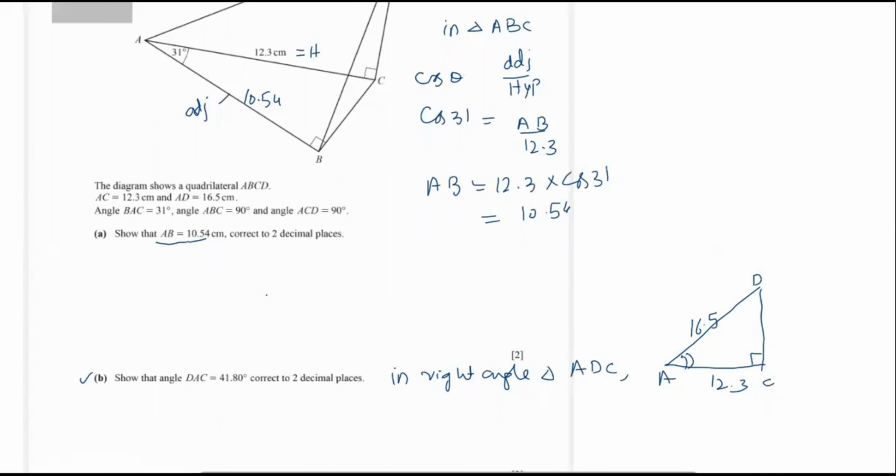Now we have to find this angle. In this triangle, we can find this angle by using the trigonometric ratio, the adjacent side over the hypotenuse of this triangle ACD. Therefore, cos DAC will be equal to 12.3 over 16.5, and DAC will be equal to cos inverse of 12.3 over 16.5.